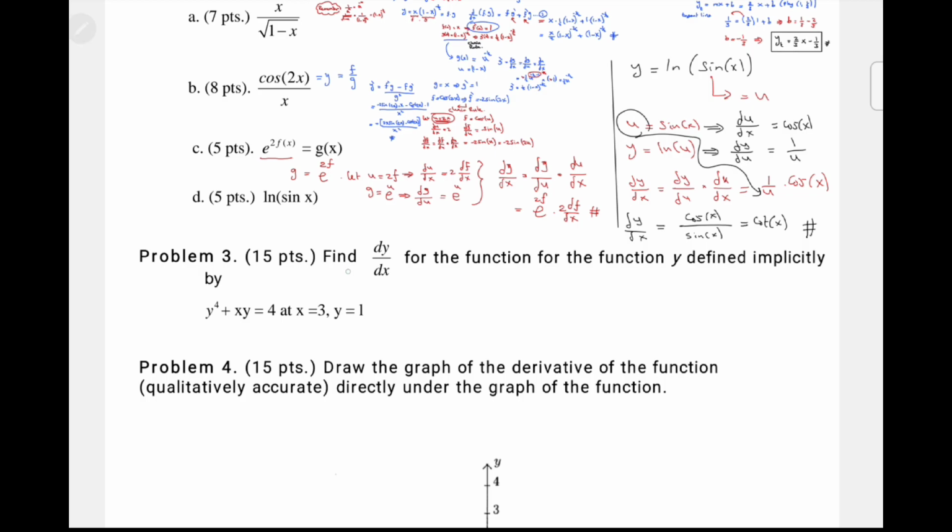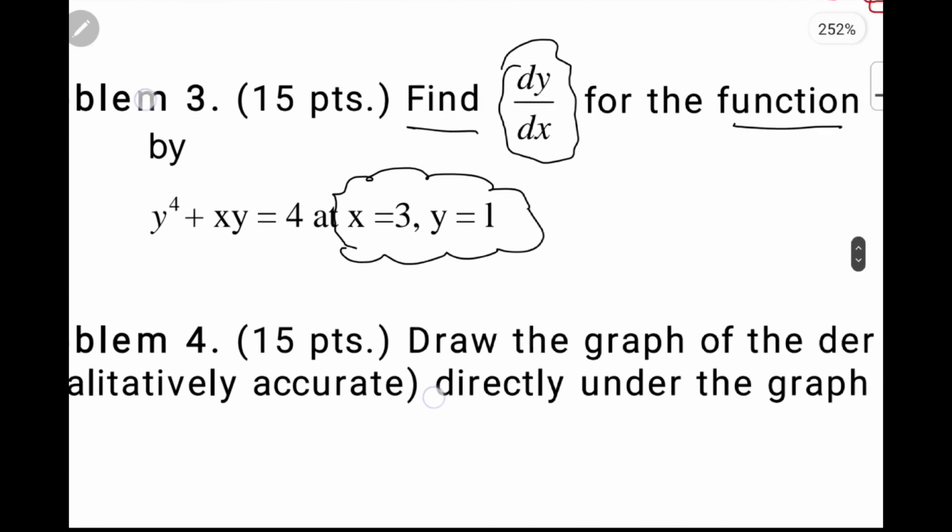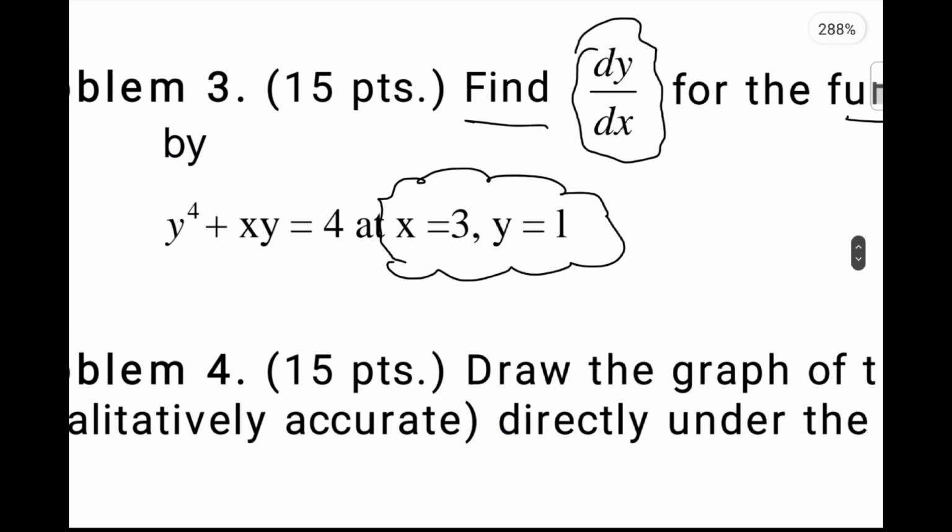Now what about this question? Find the derivative for the function y defined implicitly by this, and they want to calculate the derivative at the point x equal to 3, y equal to 1. x and y are two variables related by this relationship.